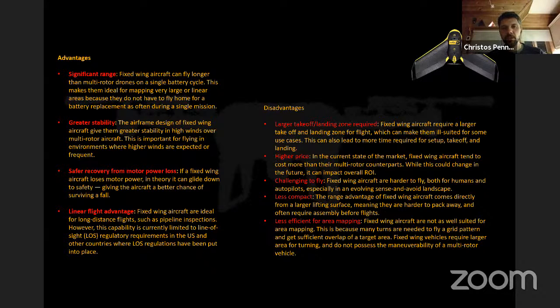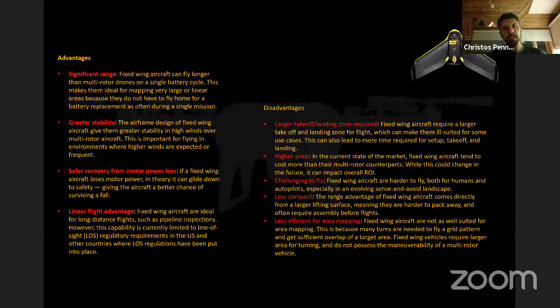Disadvantages for these drones are that they need a larger takeoff and landing zone. Of course, they need some speed to take off, but they also need some space to land safely. They are more expensive. They are so challenging to fly.